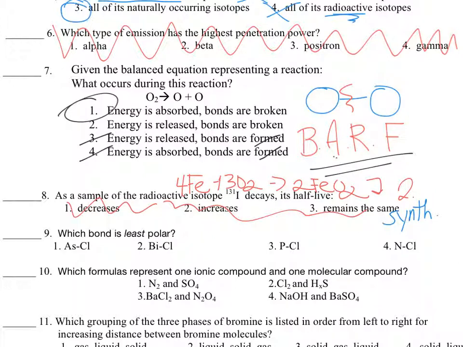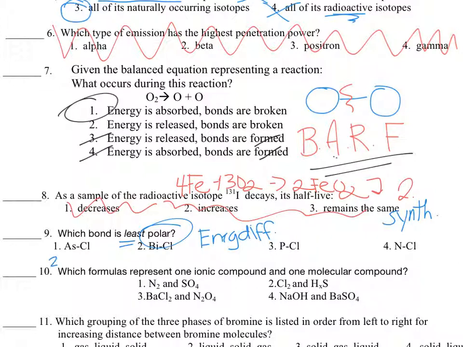Okay, number 9. Polarity requires that you remember that to be polar means to have a difference in electronegativity. So E-neg difference. Okay, and so if you look at your reference table, and you can look up all the electronegativities, the one that is least polar is going to have the smallest electronegativity difference.